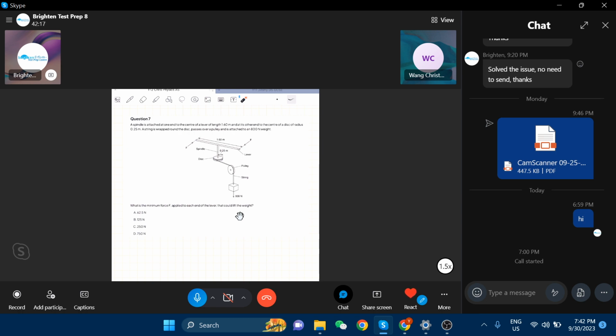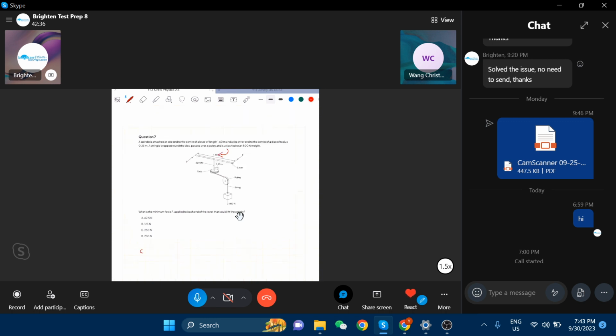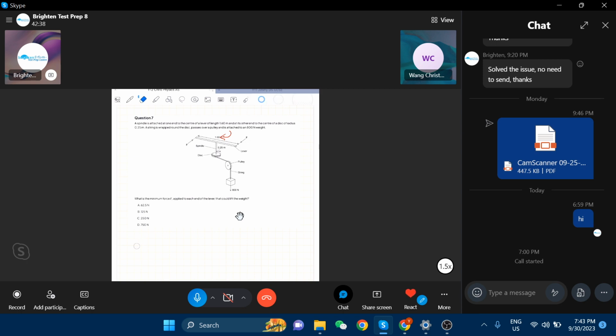Oh, it should be turning clockwise. Yeah, very good. That's already very helpful. So moment questions always have a lot to do with which direction, right? So it will turn clockwise. So what does that mean for the clockwise moment now?